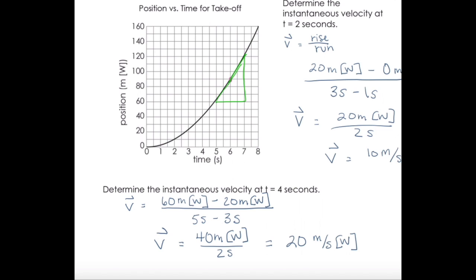Our position, we ended at a position of 120 meters west, and our starting was 60 meters west, and then our end time was 7 seconds, our start time was 5.